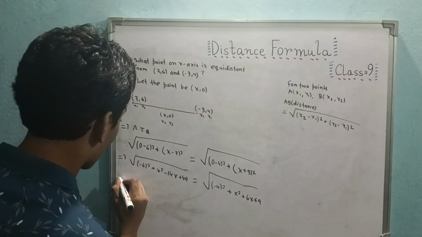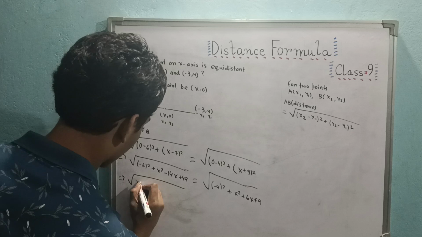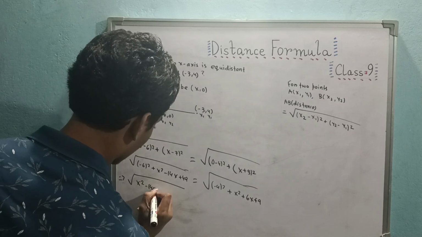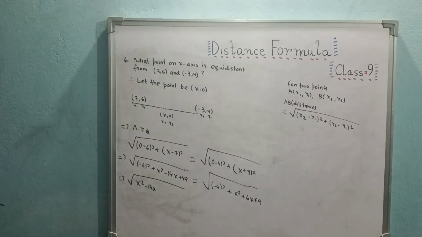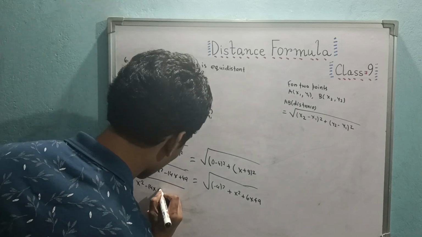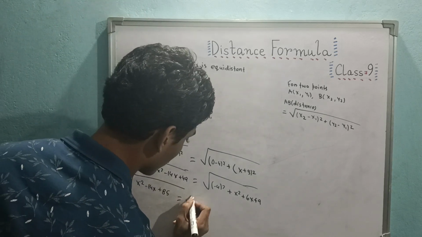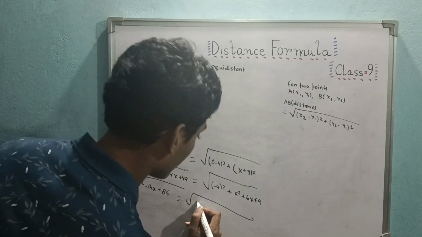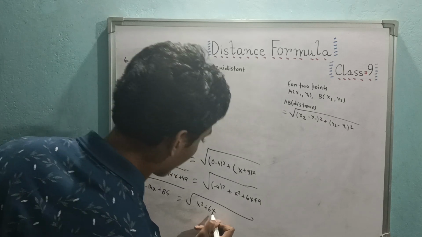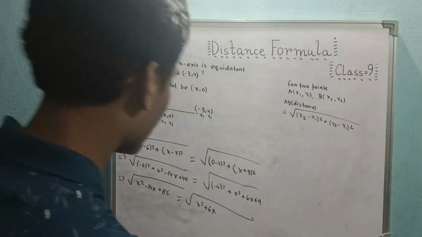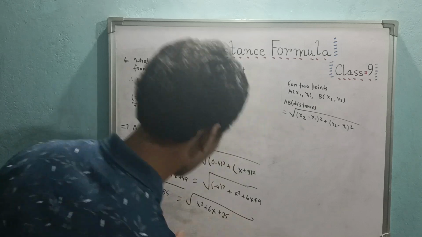Easy. Root of x square minus 14x, minus 6 square is 36, 36 plus 49, 85, equal to root of x square plus 6x, minus 4 square 16, 16 plus 9, 25. Got it?